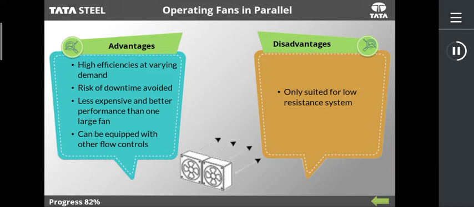However, they produce the same pressure as they are drawing air from a common point and also delivering it to a common point. Advantages: high efficiencies at varying demand. Risk of downtime avoided. Less expensive and better performance than one large fan. Can be equipped with other flow controls. Disadvantage: only suited for low resistance system.